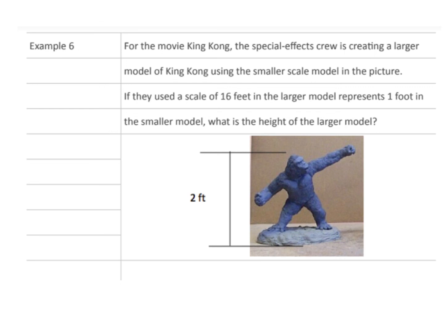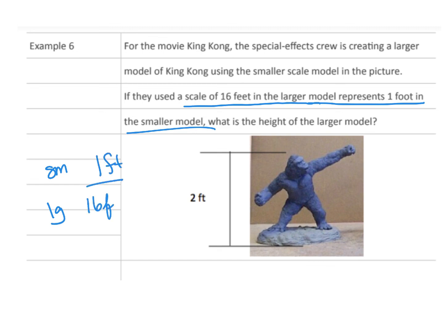For the movie King Kong, its special effects crew is creating a larger model of King Kong using the smaller scale model in the picture. They used a scale of 16 feet in the larger model represents 1 foot in the smaller model. So let's put the small on top, the large on the bottom. So 1 foot equals 16 feet.